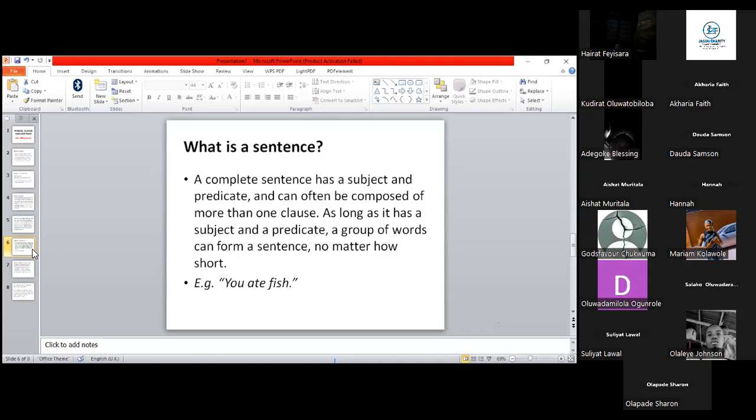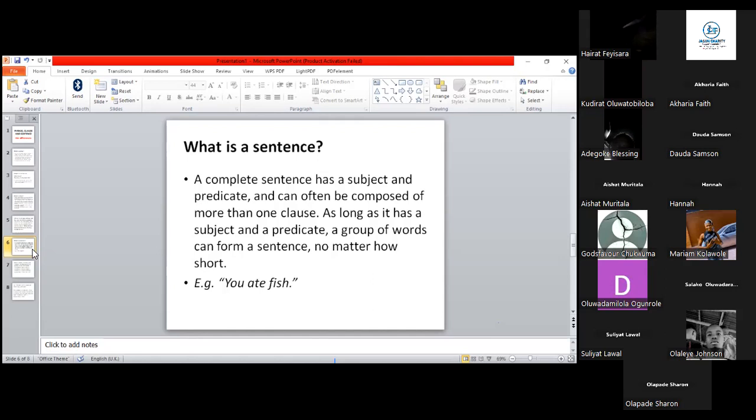There are some schools of thought that believe a clause does not have the same grammatical power as a sentence. That is why we cannot say we have several types of clauses as we do for sentences. We have just two types of clauses, a main clause and a subordinate clause, or a dependent clause and an independent clause.